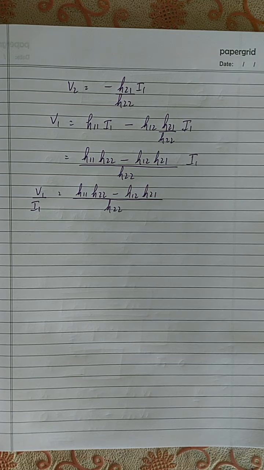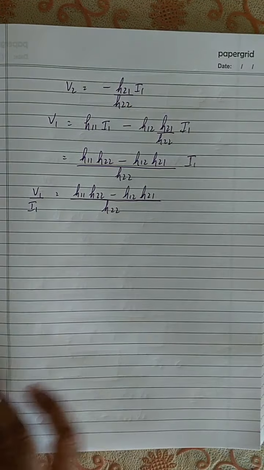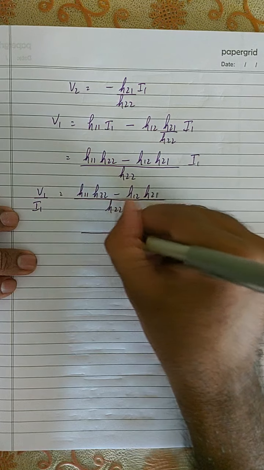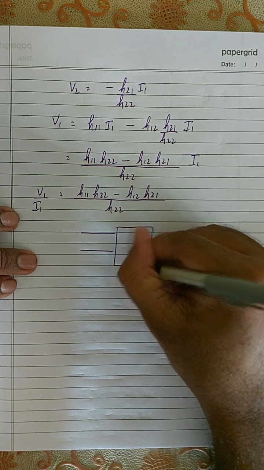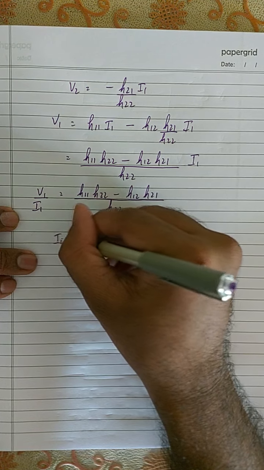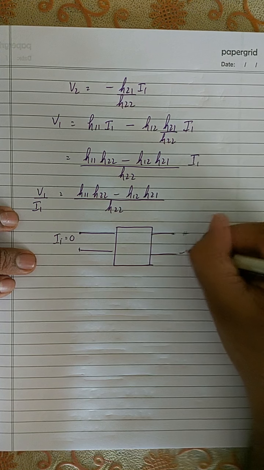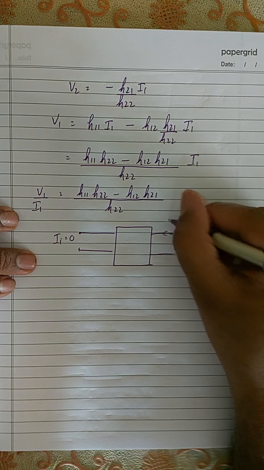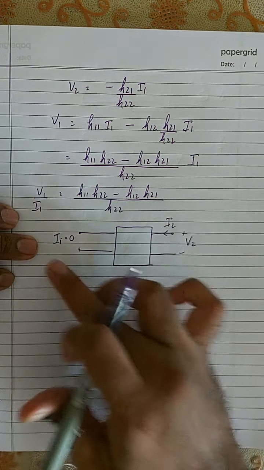Next, I'm going to find the equation for V2 by I2, keeping the other port, that is the input port, open. So this is your circuit, and here the input port is open, therefore I1 is equal to 0, and this is as usual V2 and I2. So you're trying to find the equation for V2 by I2, keeping the other port open.